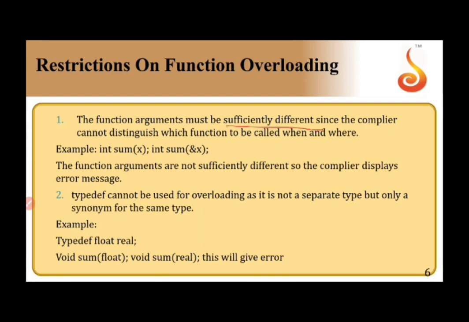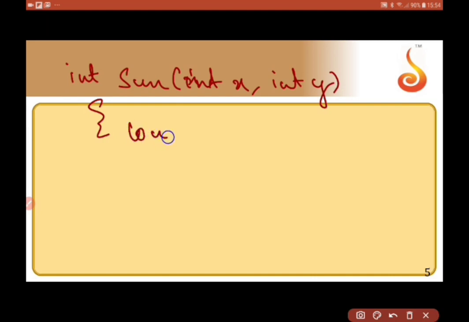So you tell me, why does it give an error? Because if two functions have the same signature, for example, see, I have int sum (int x, int y), which prints x plus y.